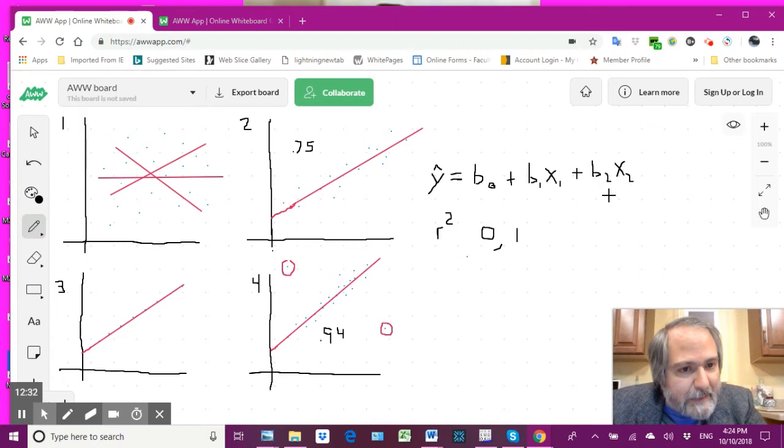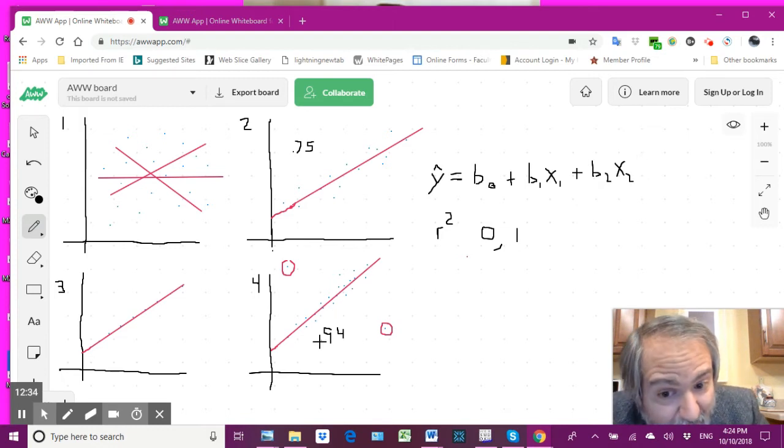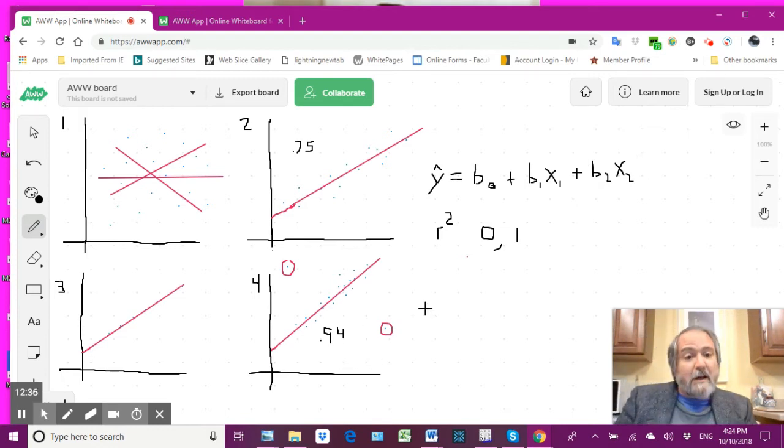I add the second independent variable, and now I get this situation here. So now we can say these two independent variables explain 94% of the variation in the response of the dependent variable. When you get something like this, you have a really excellent model. We usually like to shoot for an R squared of about 0.85 minimally. So this would be okay. This is better.